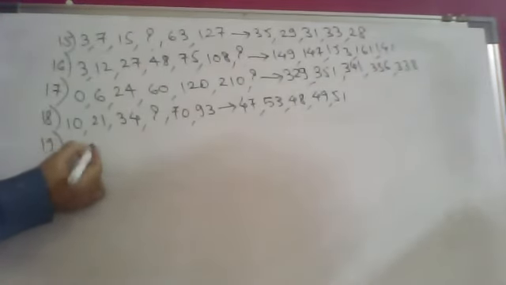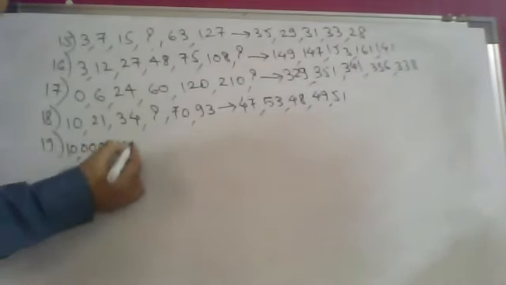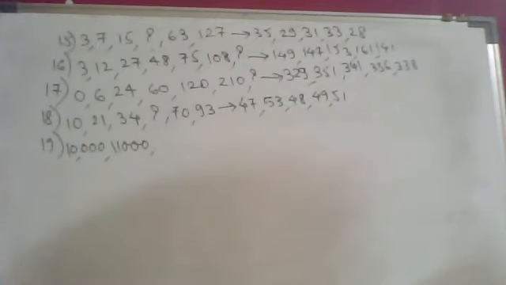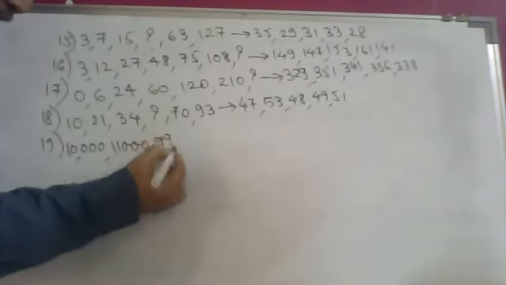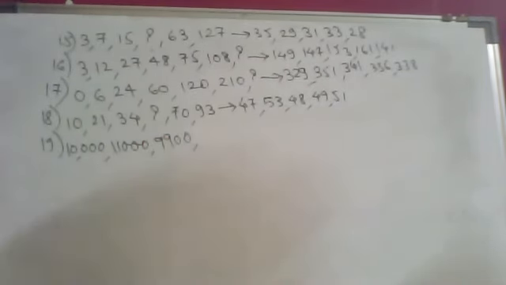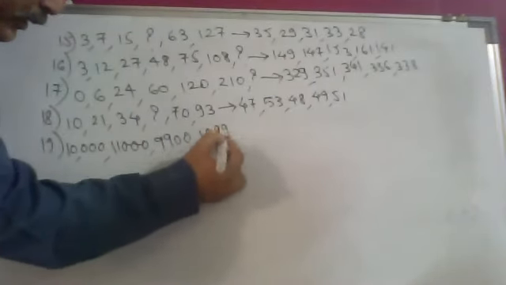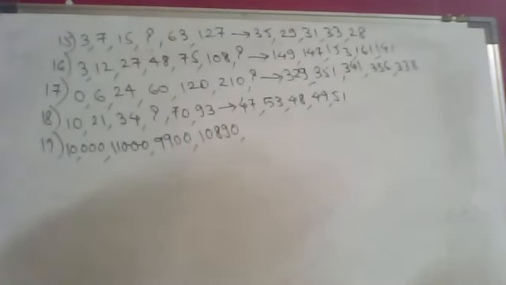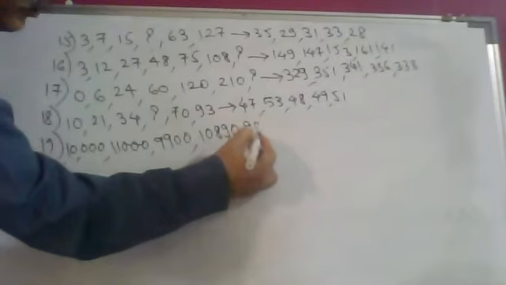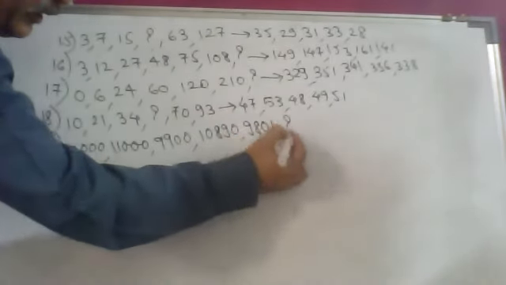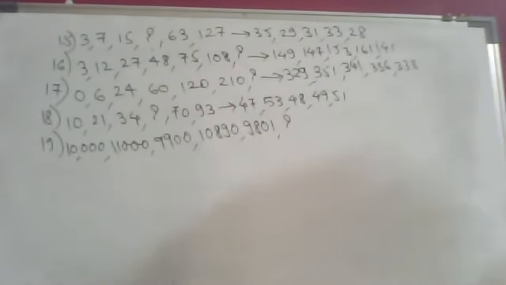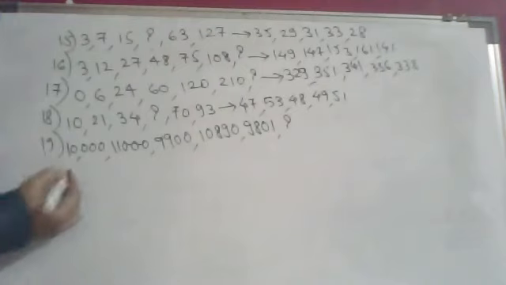10,000, 11,000, 9,900, 10,890, 9,801, and next number you have to find out, that is question mark, from the given options.